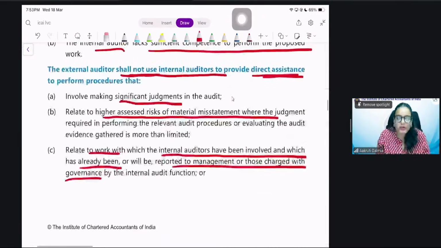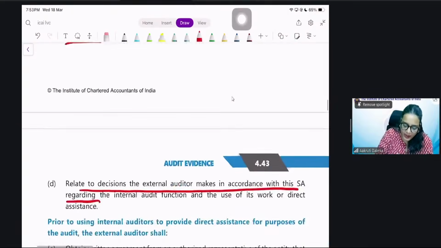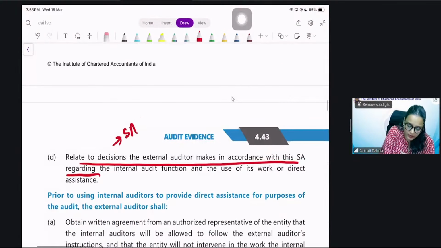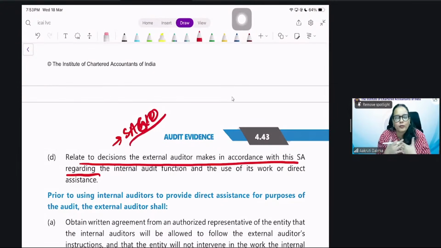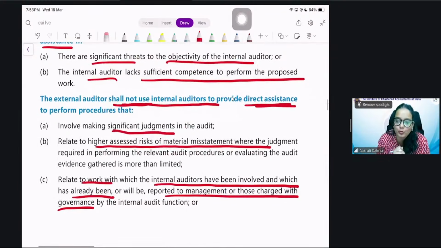So it means, can Akhila go to Nikunj and ask whether she can take his direct assistance or not? Can Akhila go to Nikunj and take help to take a decision regarding SA 610? No. That decision you have to take on your own. You cannot discuss with the internal auditor whether you can take him or not. So in which situations should you not use them?